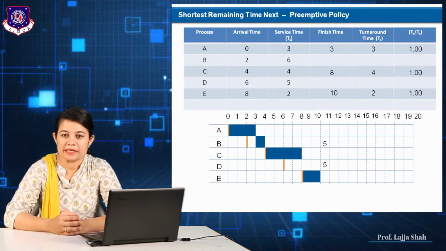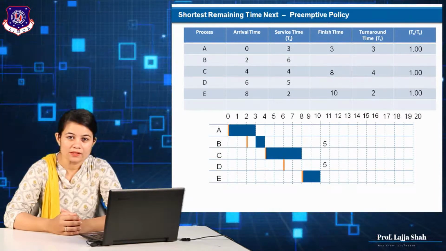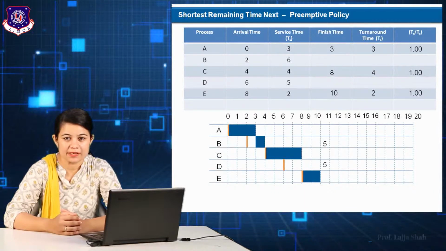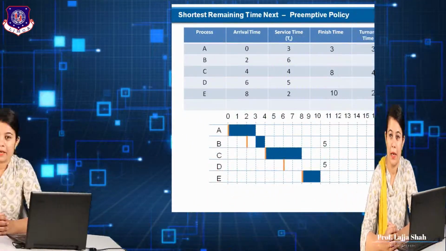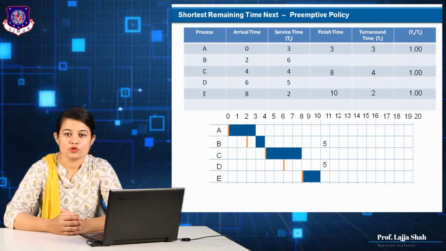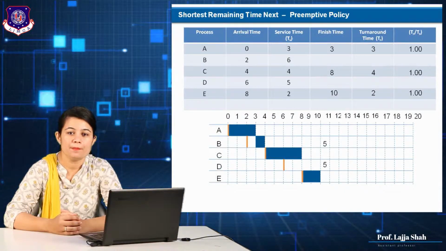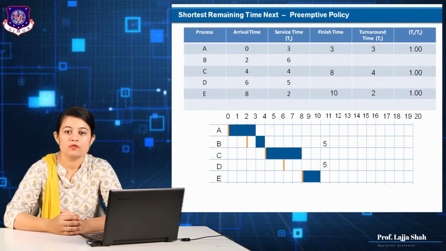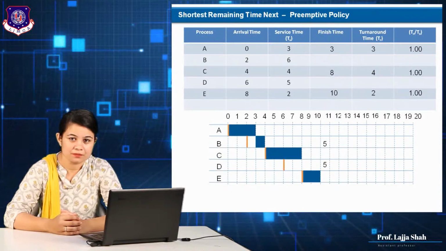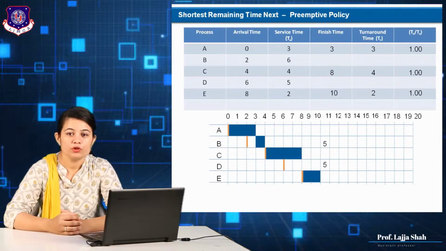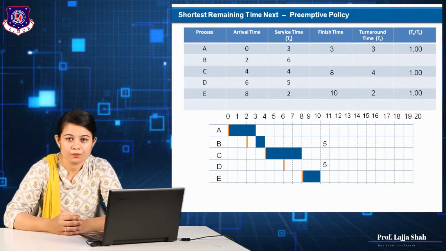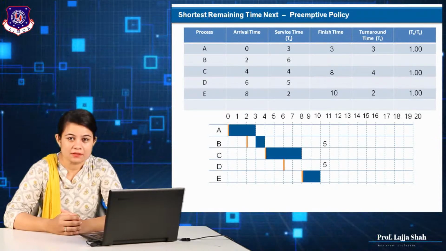Hence, process E will be selected next for execution. After that, process E will be completed as its execution time is only 2 seconds. Next, we are left with 2 processes in the system, process B and process D. Again, a check will be made to decide which process will be executed next. Here you can see the remaining times of both processes are the same, that is 5 seconds.